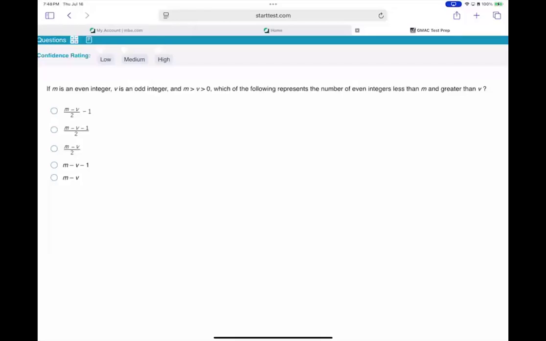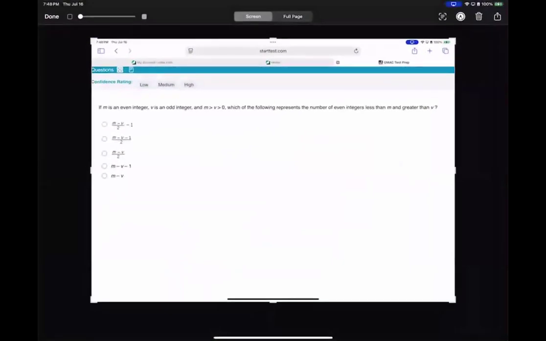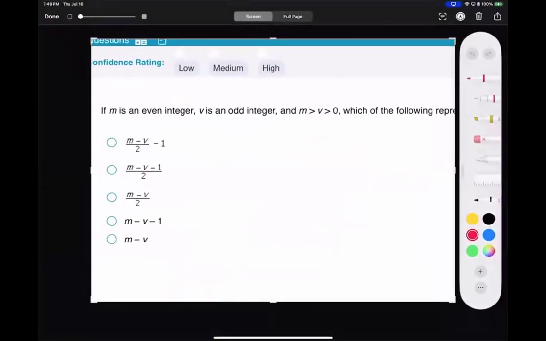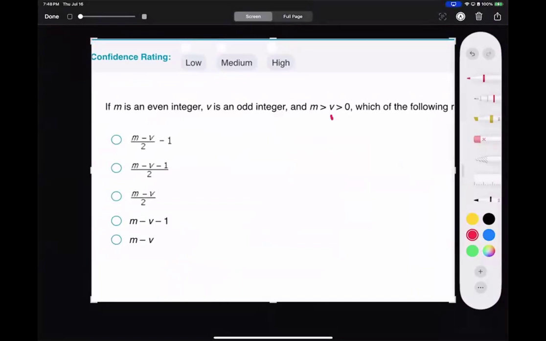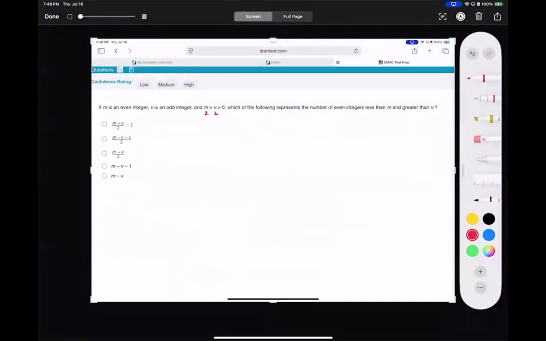Going back, I put this 1 and 2, but it's not convenient because the question asks which of the following represents the number of even integers less than m and greater than v, so between. Here I have 0. I can test this.